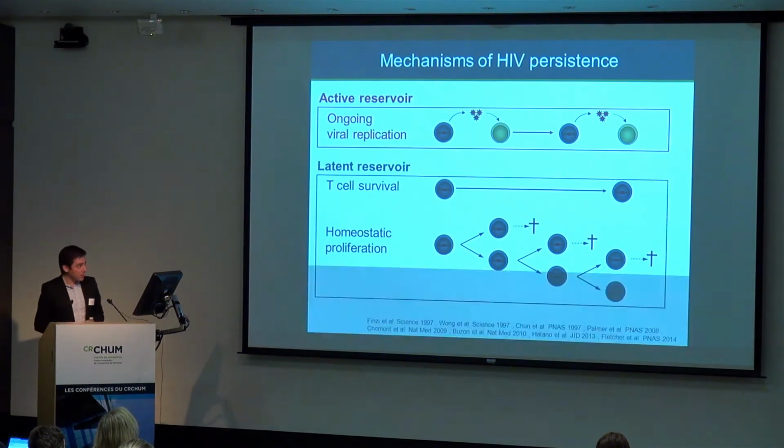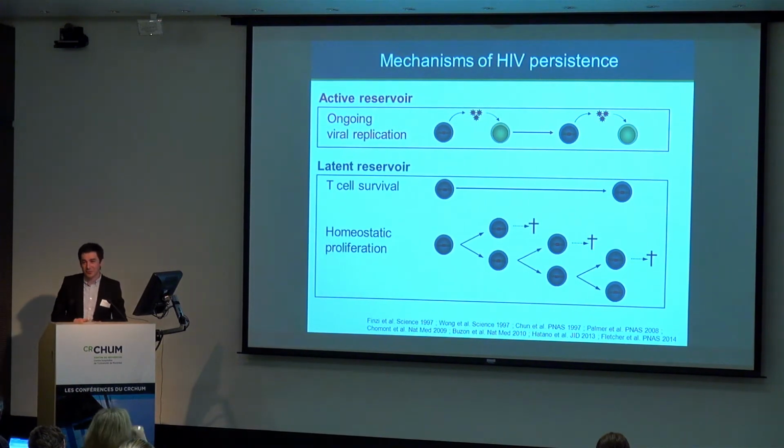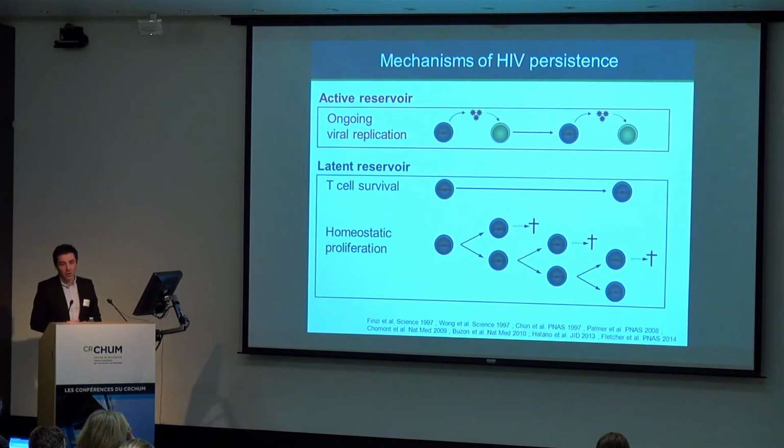Additionally, the virus is able to establish a latent reservoir in some specific cells. The most studied and obvious subset in which HIV will establish latency is CD4. That doesn't mean that HIV is not also able to persist in other cell types.